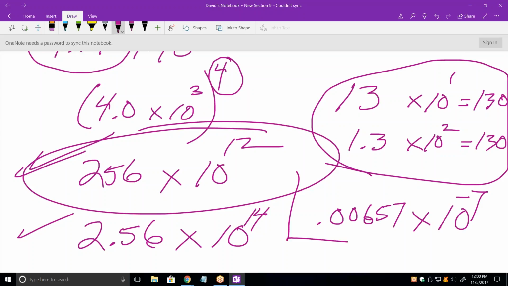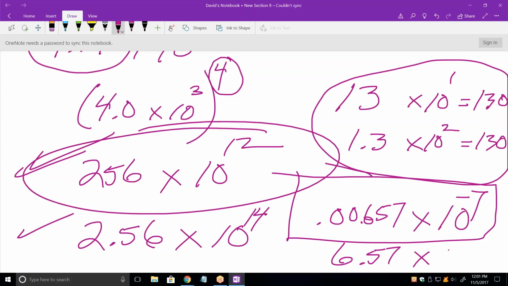Put that in scientific notation. Okay, so I've got to move the number to the right twice. If you moved it twice, it would end up there. Then 3 times... 6.57, and then times 10 to this. What am I doing with that?